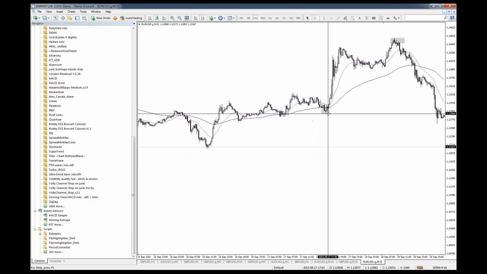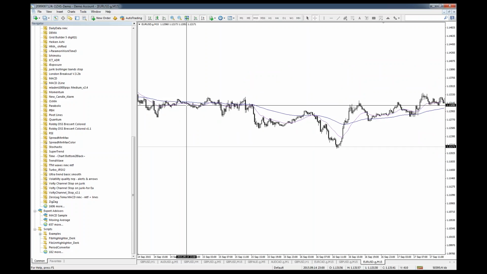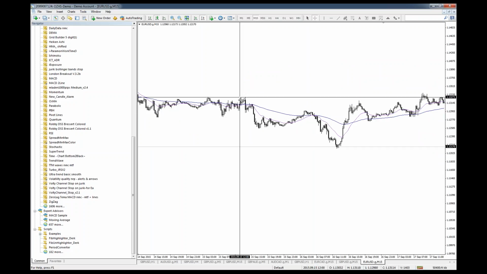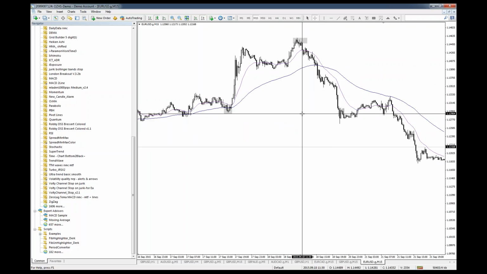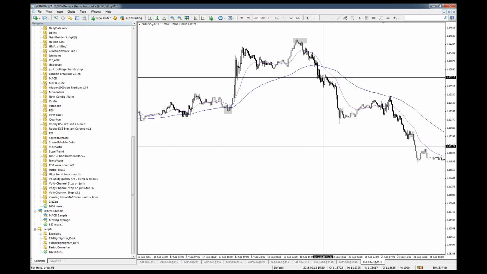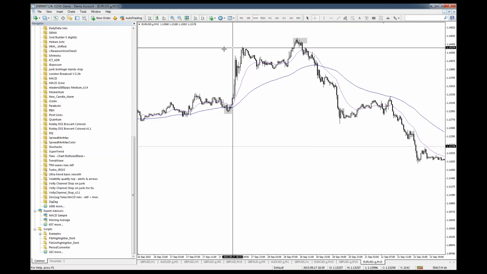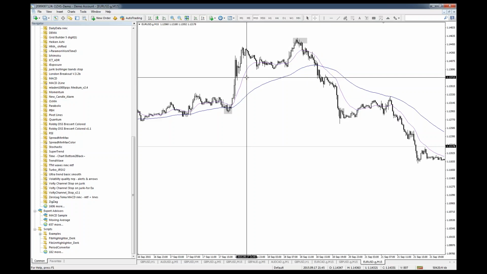Now, what would happen with many of these systems is you'll get into areas like this where it could chew up all of your profits, because it goes up for one candle, comes back, goes up, comes back. So since they discovered that moving average crosses tended to be the most profitable, but again it wasn't super profitable, I decided to see what moving averages could get me as close to this as possible.